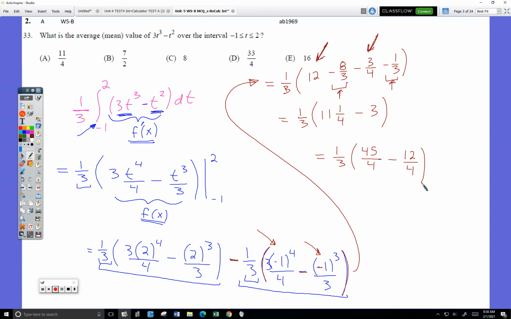So 45 minus 12 is 33. So you got 1/3 multiplied by 33 over 4. So of course the dirty rats that are the AP test writers, there's the trap. Don't forget you have to multiply by 1/3. There's the answer.